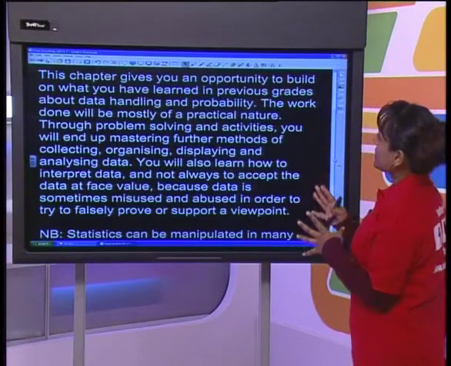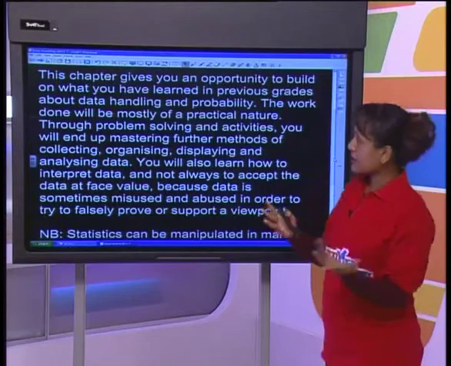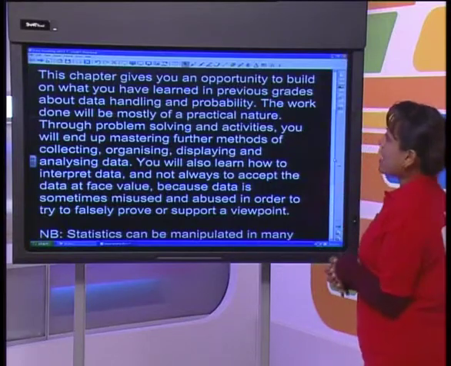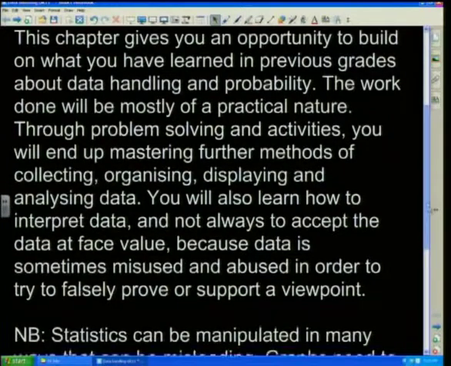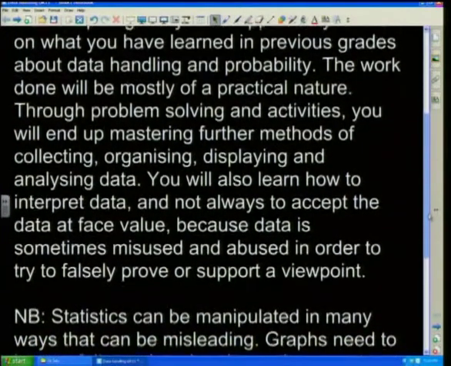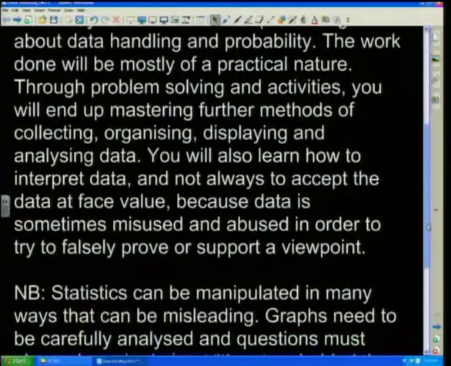This chapter really gives you an opportunity to build on what you've learned in grade 10, and you also do a little bit of probability, which we're not going to touch on today. And the work is really practical, and through the problem solving and activities, you will end up mastering methods for collecting, organizing, displaying, and analyzing data.